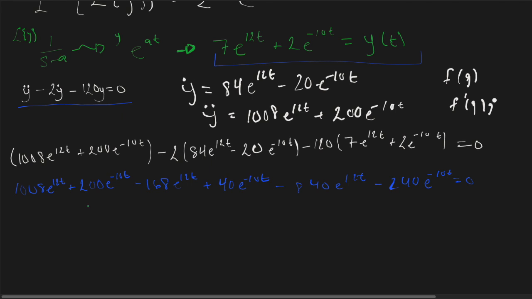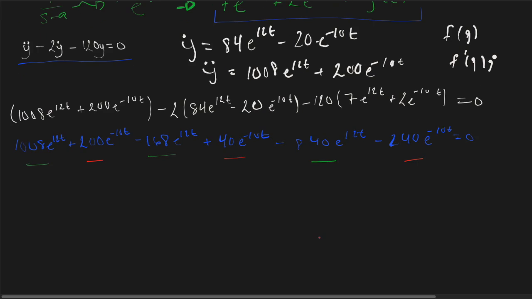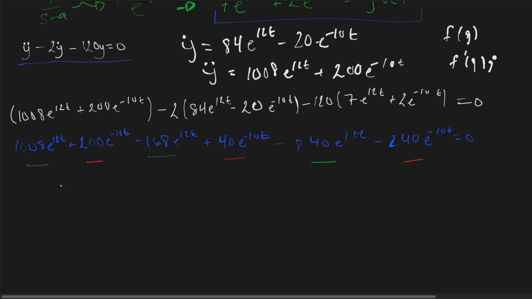Let's look at where we have 12, 12, 12, and then 10 in our exponent. So let's move those together and see if we get 0. So we're going to factor out e to the minus 10t and put 200, plus 40, and then minus 240. That looks good to me.